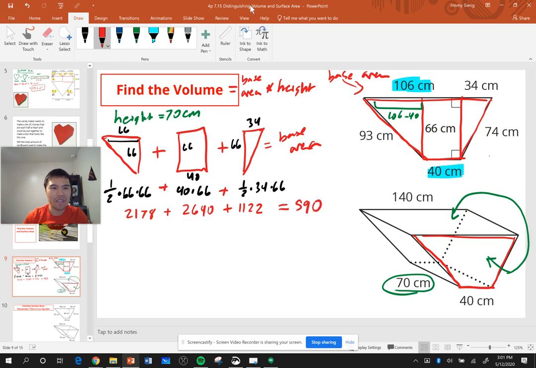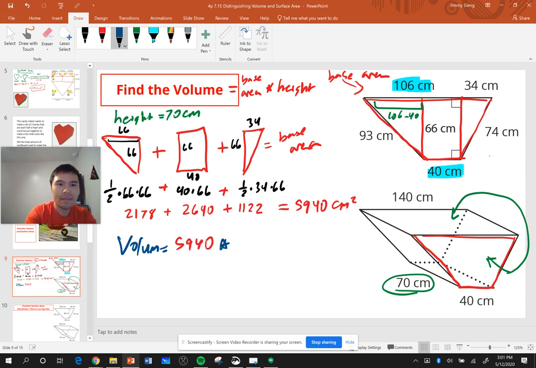Whew, I'm nervous because I don't know if I got their answer, but we'll try this. 5940 centimeters squared. So remember, to find the volume, my volume is equal to the base that I found, 5940, times my height, which I said is 70. And what does that give me?